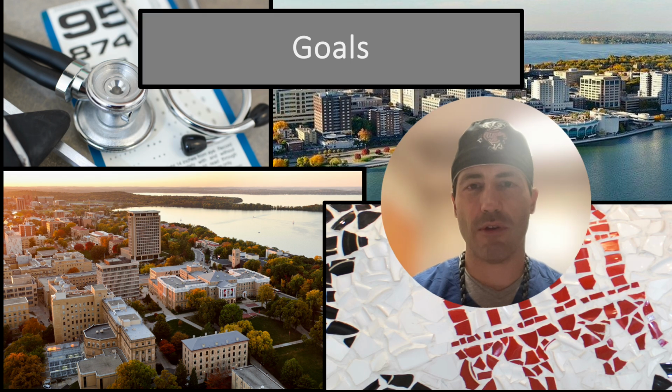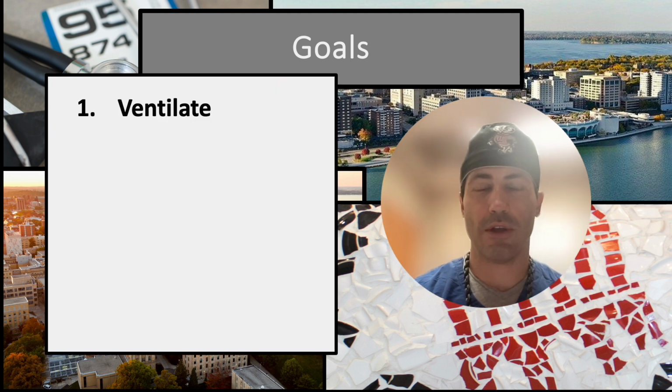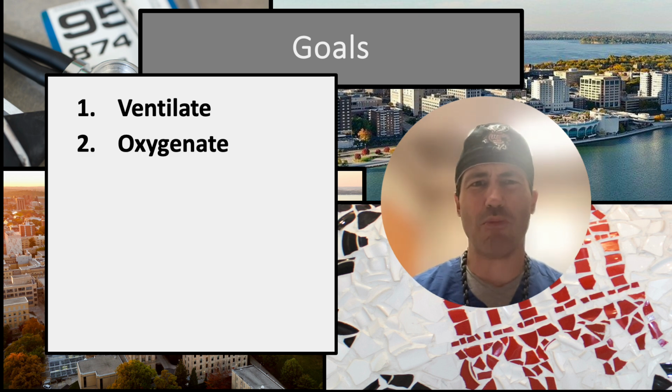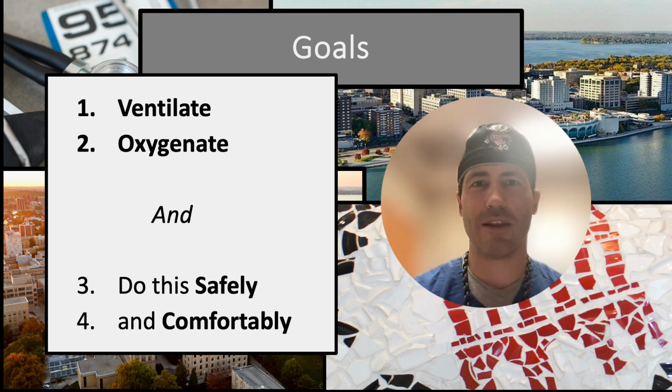Now, our goals of mechanical ventilation are, of course, to ventilate, which means to clear CO2. We also want to oxygenate adequately. But importantly, while we're ventilating, we want to do that safely. And of course, we want to do that in a way that the patient tolerates and is reasonably comfortable during the ventilation.